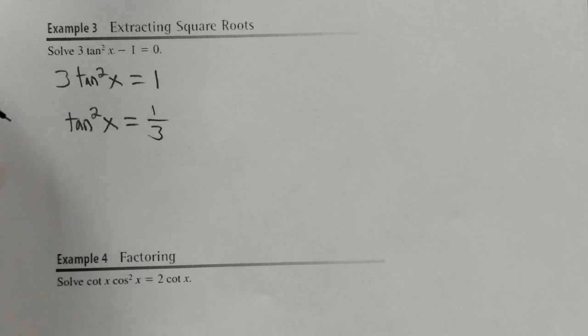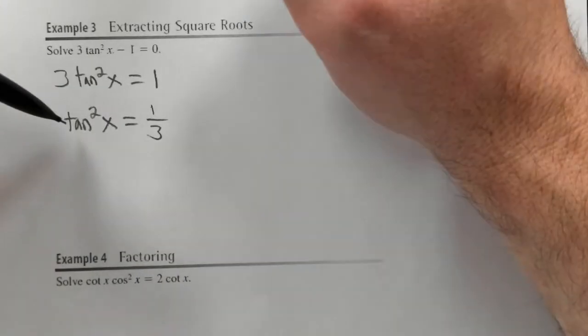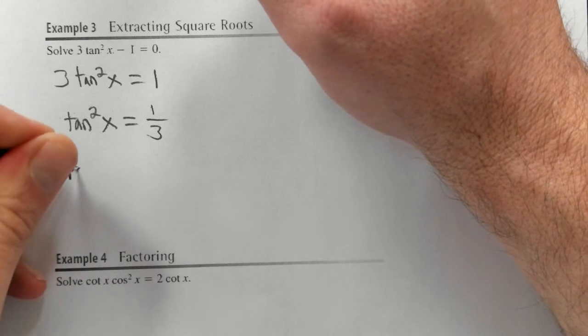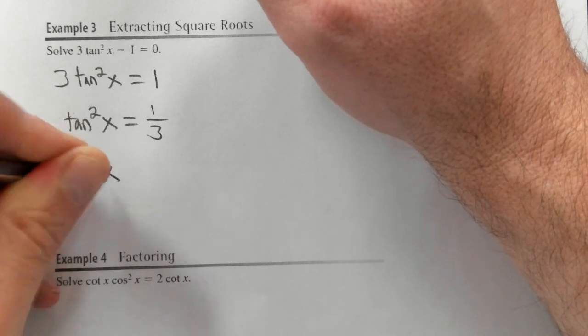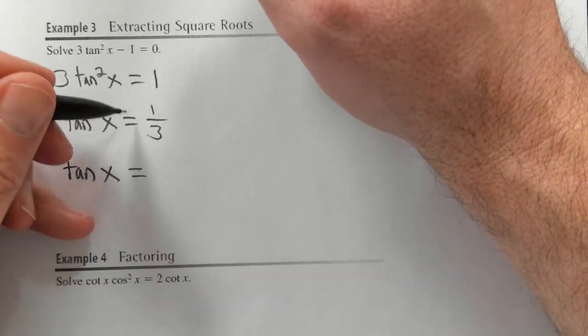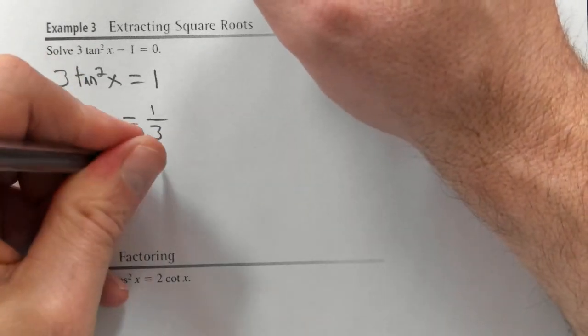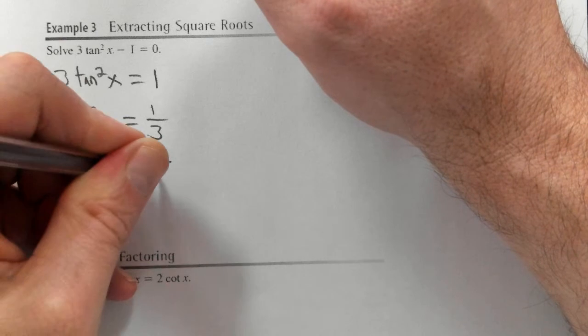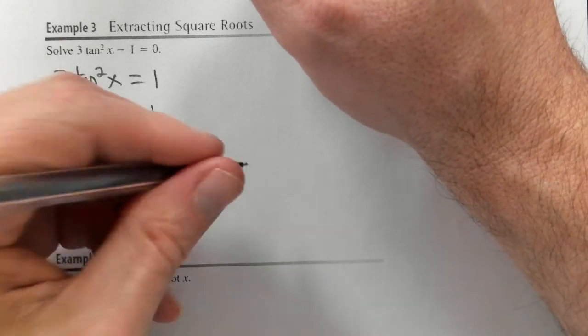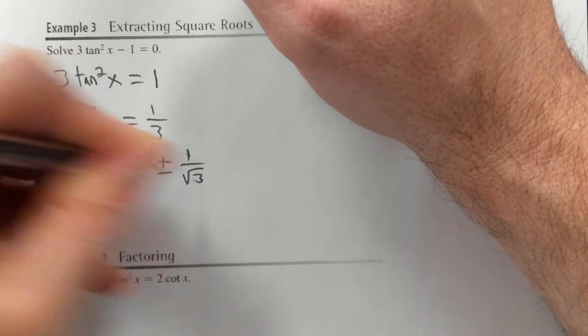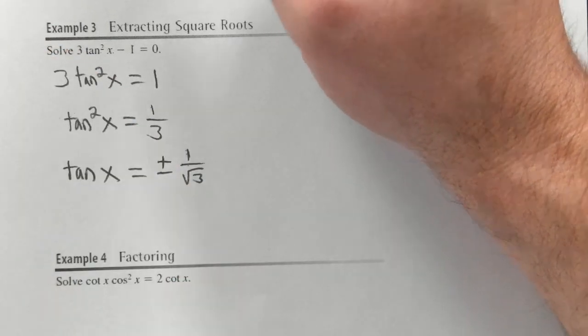Square root. So we're going to take the square root of both sides. Well, the square root of tangent squared is just tangent. So that'll be tangent of x is equal to. Now, the square root of 1/3, remember when you're solving an equation and taking the square root, you generate 2 solutions, a positive and a negative. So that would be positive and negative 1 over the square root of 3, right? Because you're taking the square root of 1/3.